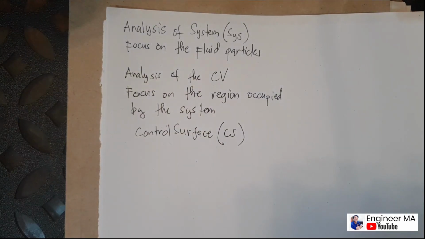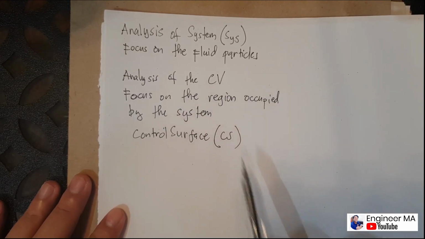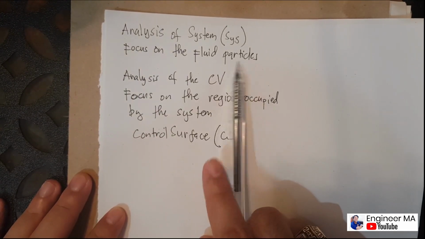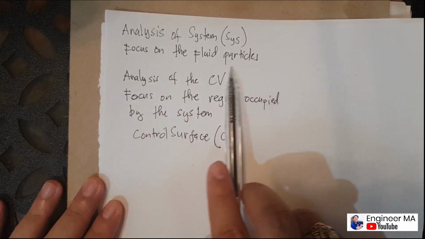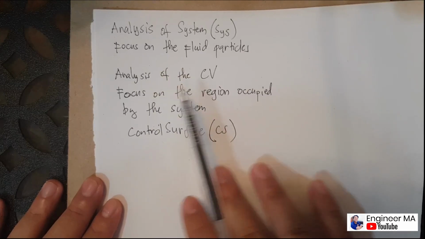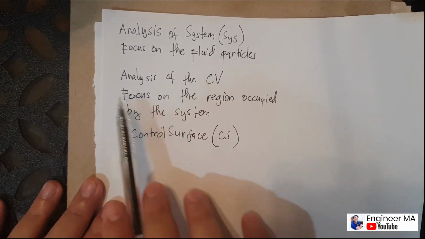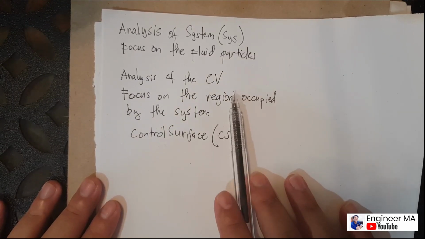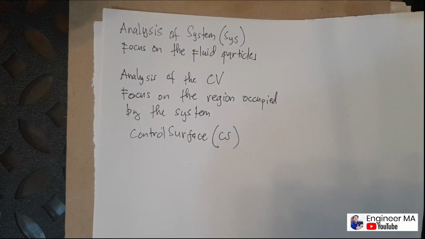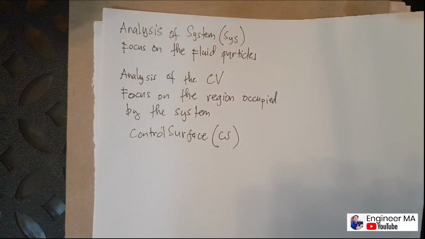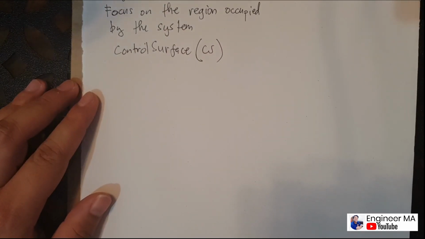Importante na alam natin to, kasi ito yung dalawang approach na gagamitin natin from time to time. So yung una is we focus on the fluid particles, so we track the system as it flows out of the control volume. And now with the control volume analysis, focus lang tayo dun sa region kung nasaan yung system, bounded by the control surface. Para mas maintindihan natin, I will have an example here.